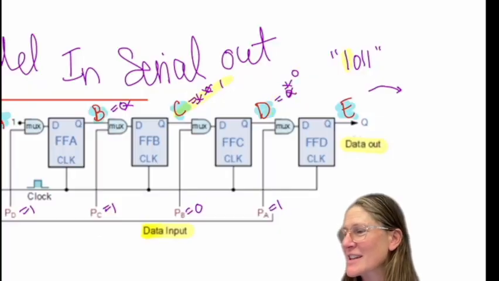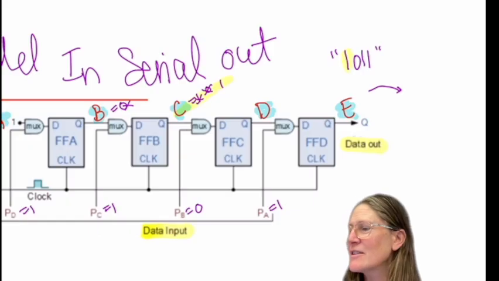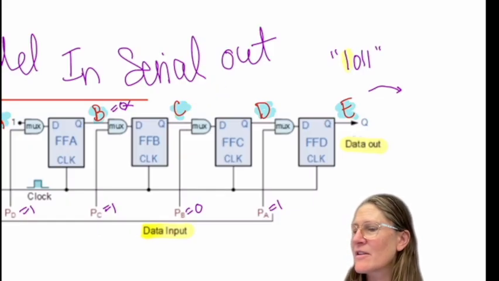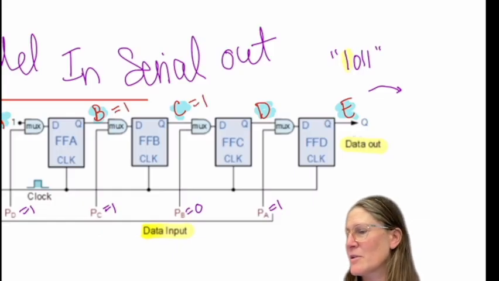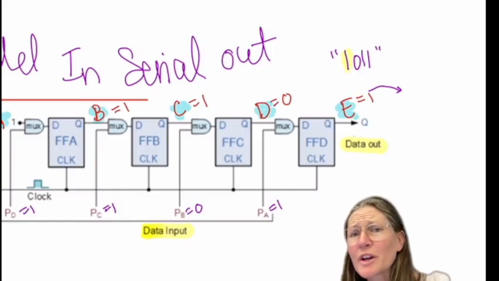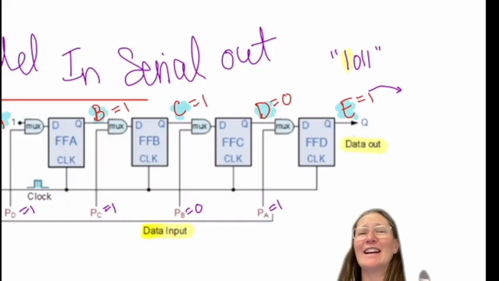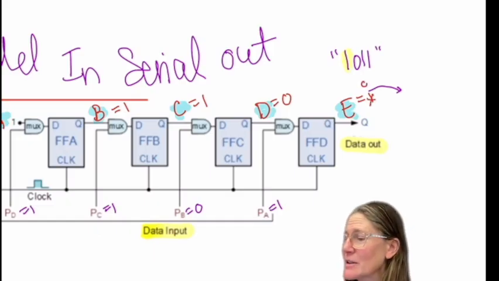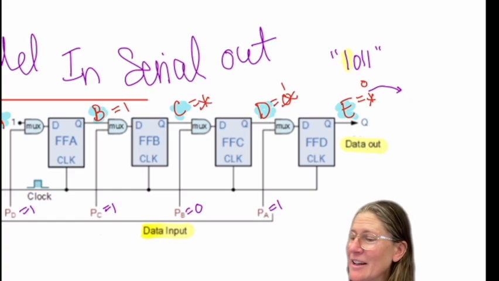Okay, first clock cycle. 1, 1, 0, 1. Okay, first clock cycle, you read a 1 on E. And then the second clock cycle, you're going to read a 0 here, and a 1, and a 1.